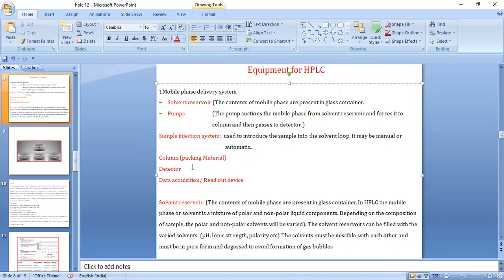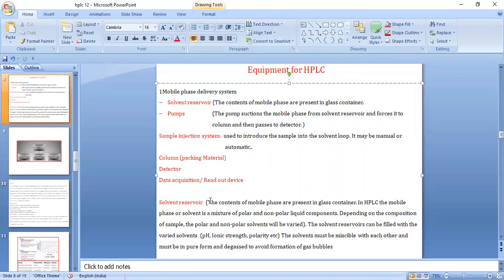It may be a UV detector, or it may be an FID detector. It may be any other detector, again depending upon the type of sample you are going to analyze. Then the data acquisition and readout device. The role of the data acquisition and readout device is to analyze the data, interpret the data, get the information out of the results, and then do the analysis that is required.